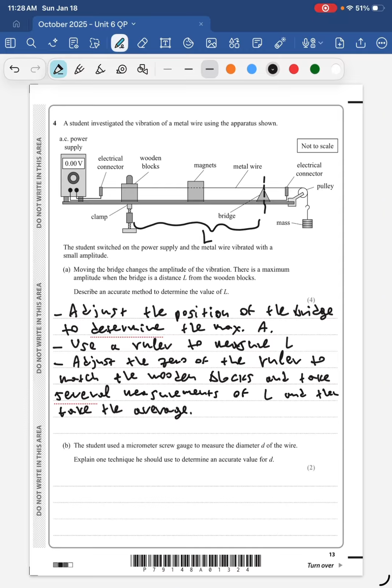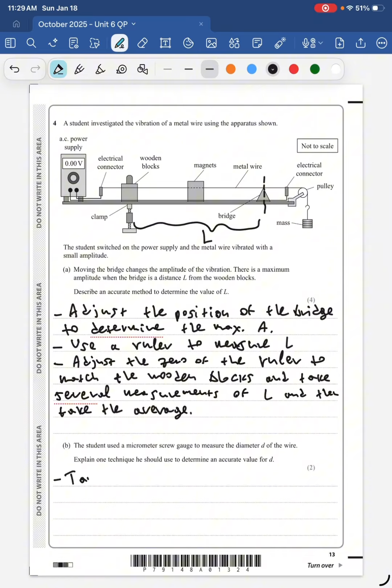Part B, the student used a micrometer screw gauge to measure the diameter D of the wire. Explain one technique he should use to determine an accurate value for D. So you have to measure D. It's the thing where you have random errors. So you have to measure D at various orientations and then take the mean, of course, to avoid the random error.